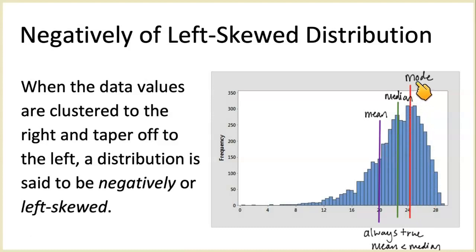So in this case, the mode will fluctuate depending on where the highest bar is for the frequency. But in any distribution that's negatively or left skewed, the average is going to be a lower value than the median. So for the example of this distribution, I'm estimating the average to be around 20, and the median could possibly be around 22 or 21.